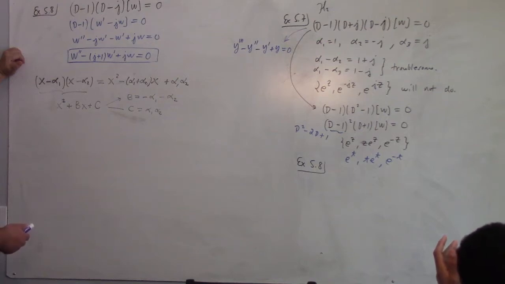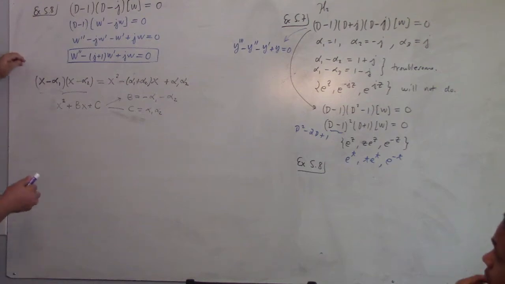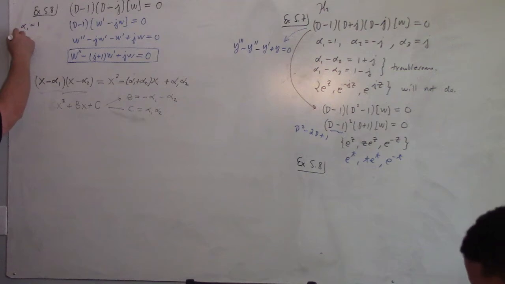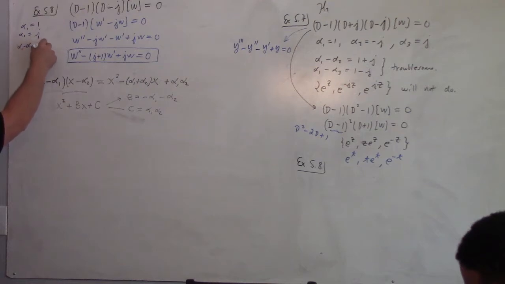But the funny thing here is the difference of alpha 1 and alpha 2 for my example 5.8: alpha 1 is 1, alpha 2 is j, alpha 1 minus alpha 2 is 1 minus j, right?